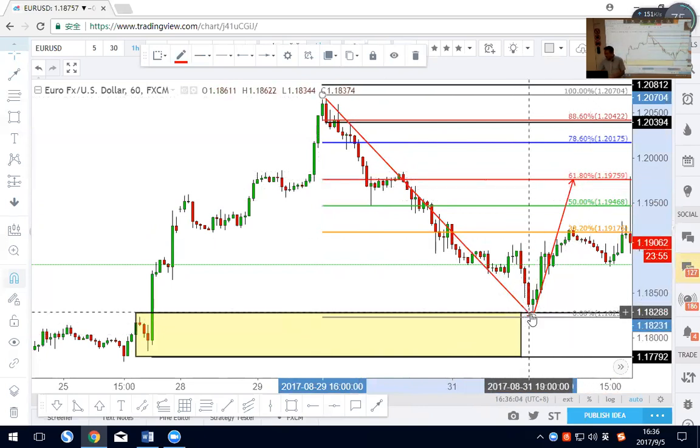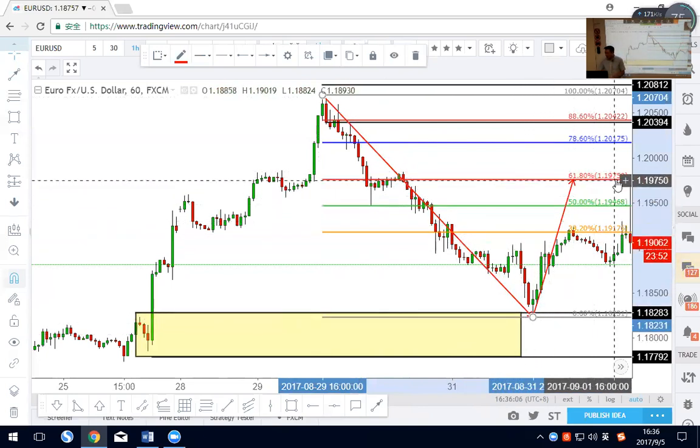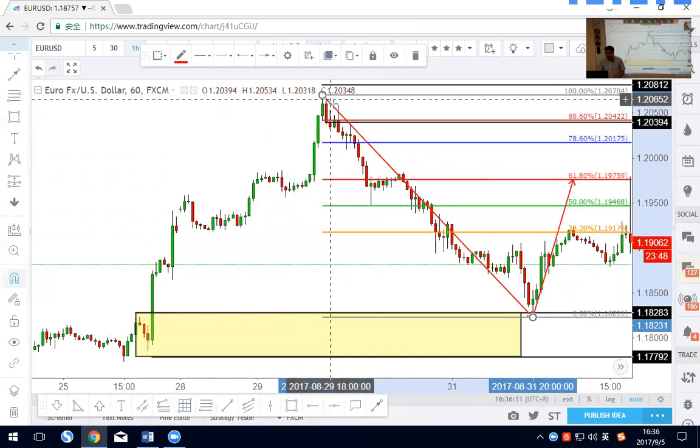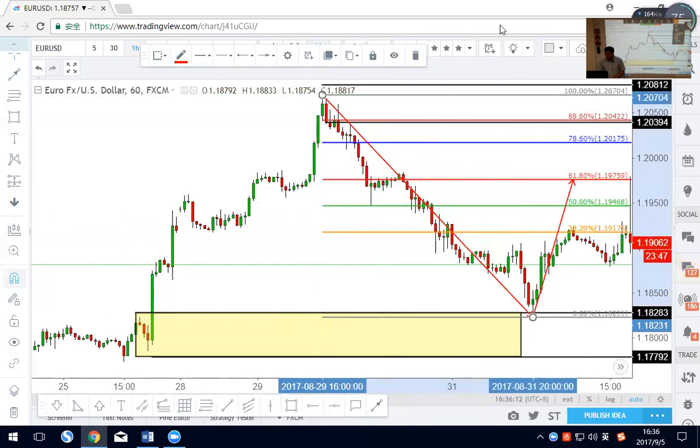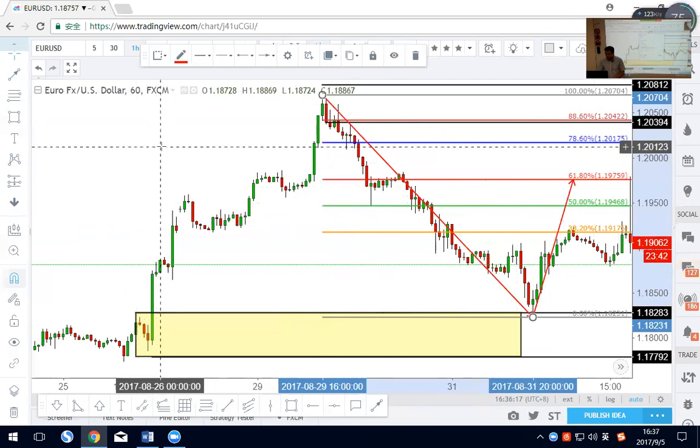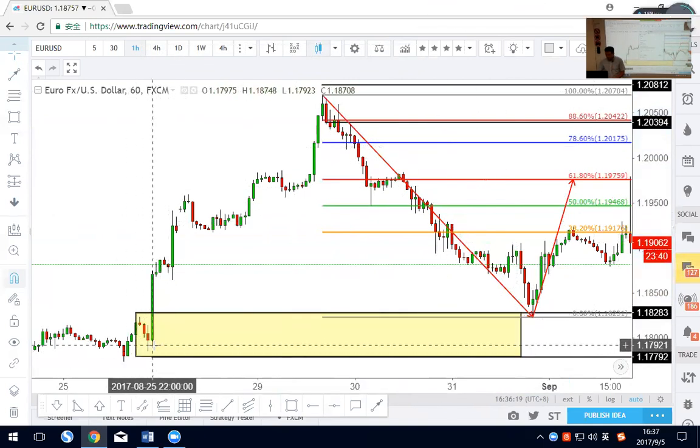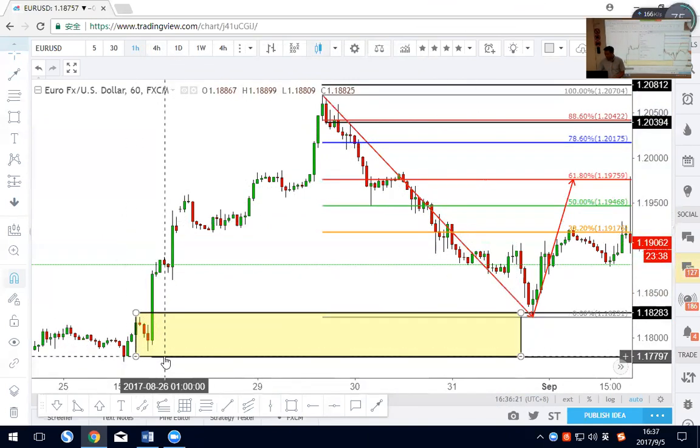Because we know that the whole bullish move to 1.1975 may be only a correction of the previous bearish swing. Yes, and we can short. Stop loss should be below the bullish bar's origin, so it's 1.1779. It didn't touch, and it goes perfectly, right?